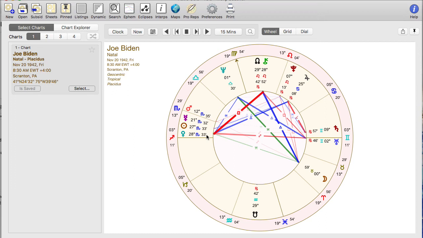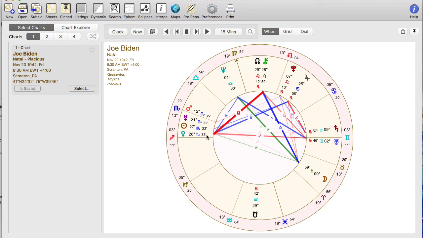So it's a quieter, more internal, perhaps spiritual, more behind the scenes expression of his emotional self. The moon's in the 5th house, and that means he intuitively knows how to be a leader, but the ruler of the moon is in the 12th, and that means there are parts of him that he keeps to himself, that he plays close to the vest.